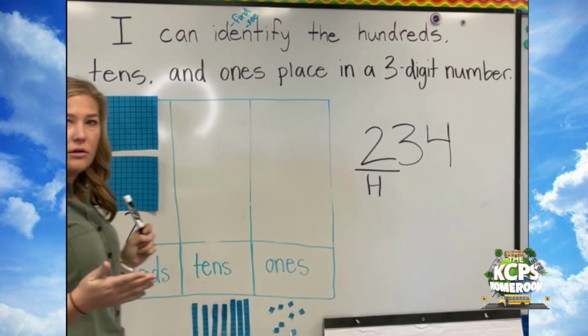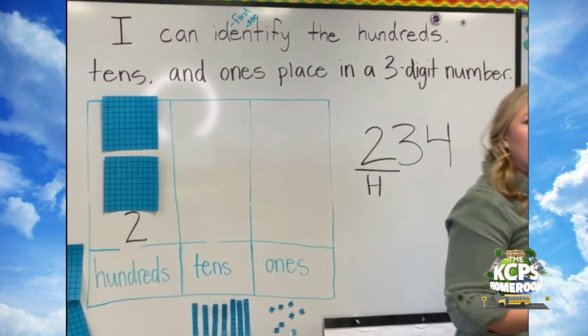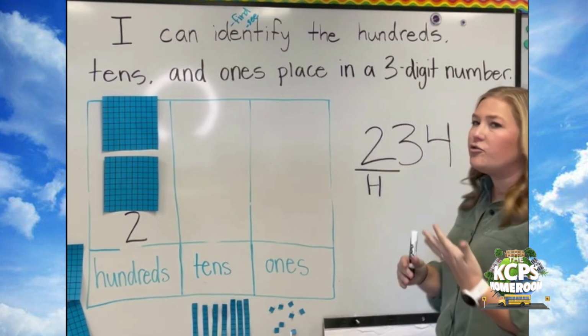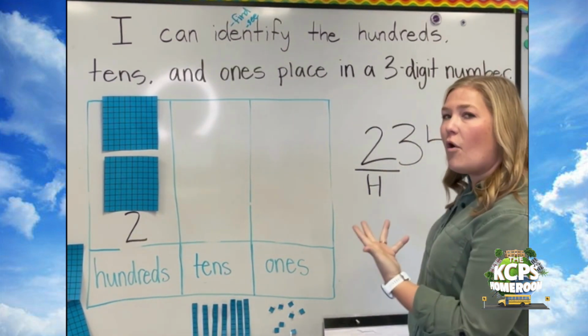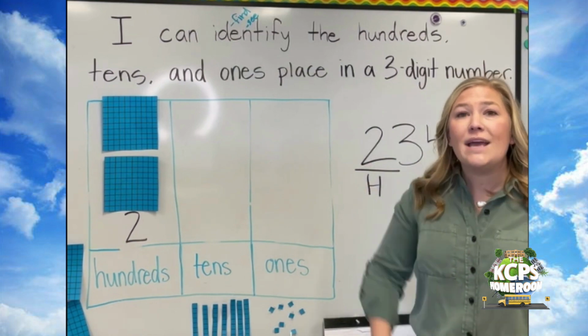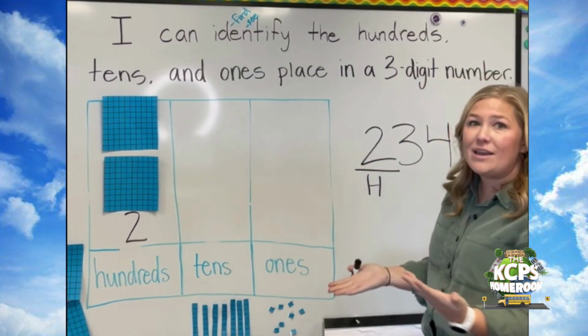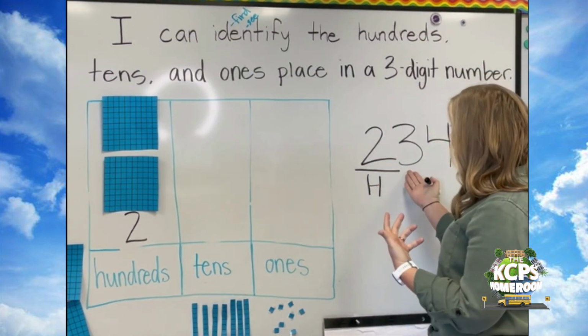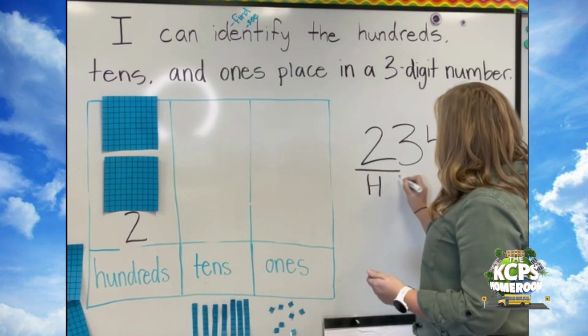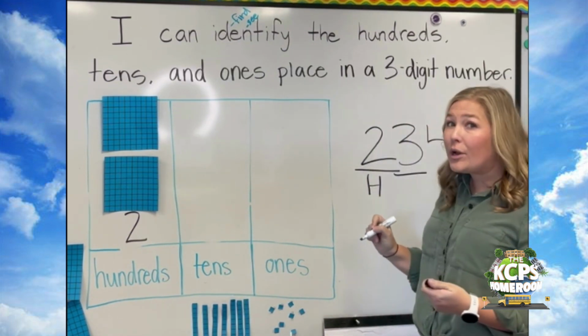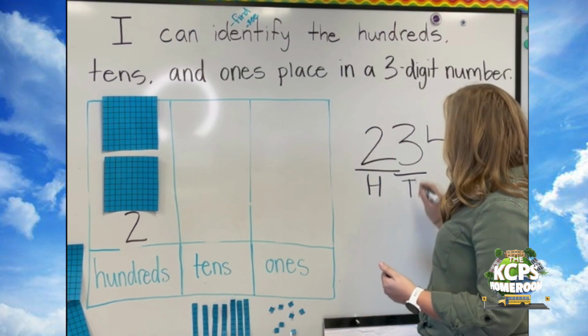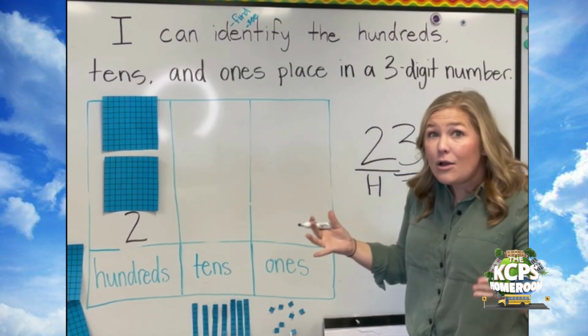Now let's go back to the number. I started by saying 234. Well, the next spot gave me the value of my next number. I hear 30 in the next spot. Well, really, I see a 3 in the tens place, but 3 tens equals 30.